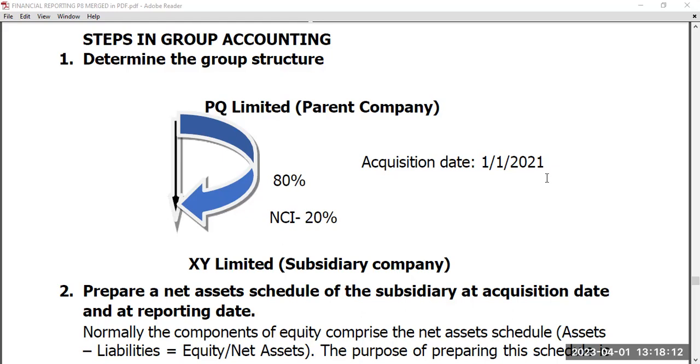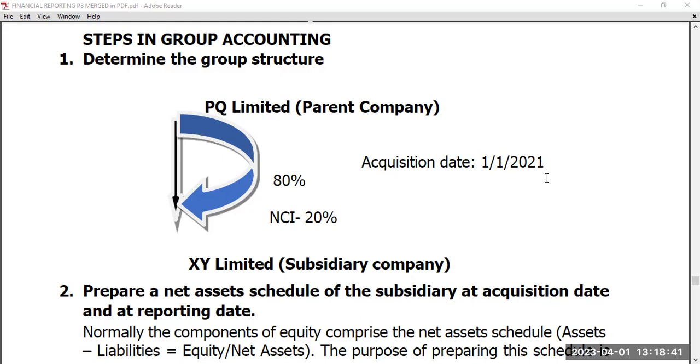So normally our first working is always to determine the parent company and the subsidiary company. Then we look at which one is controlling which, meaning the parent company holds the controlling interest, and we also determine the non-controlling interest, which belongs to the subsidiary company. The last thing we look at is the acquisition date.